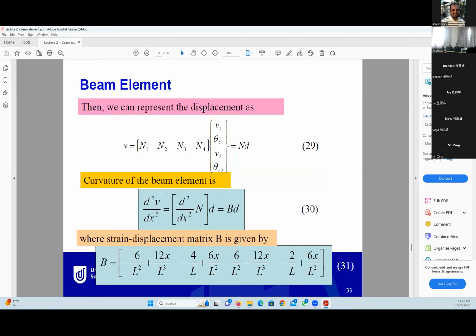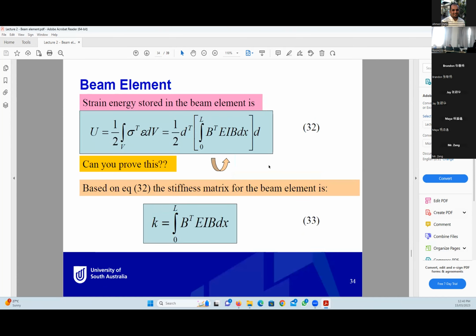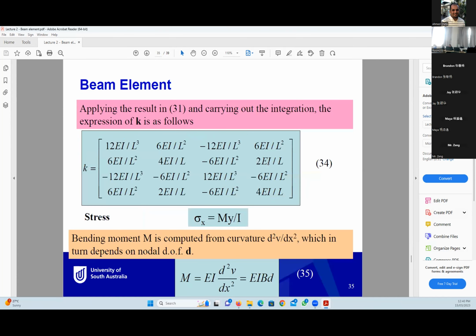We can go through all of this later, and let me know if you have any problem with it. But what we need to know is that we use the same procedure we used for the bar element or truss element, using the shape function. Finally, we will get the stiffness matrix for the beam element.